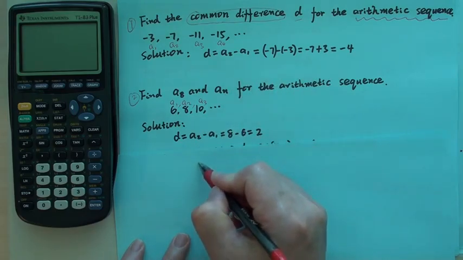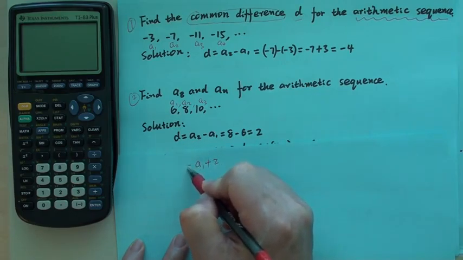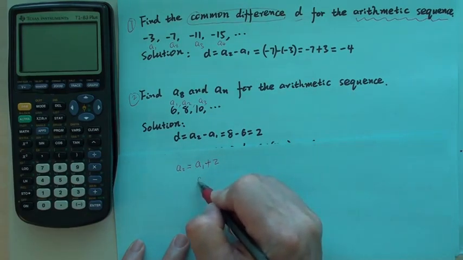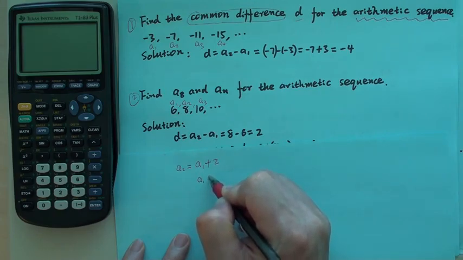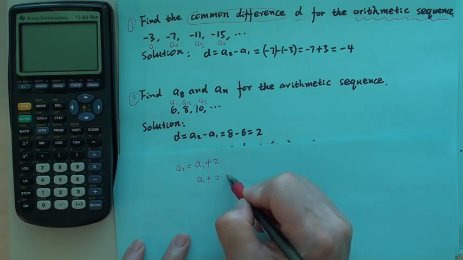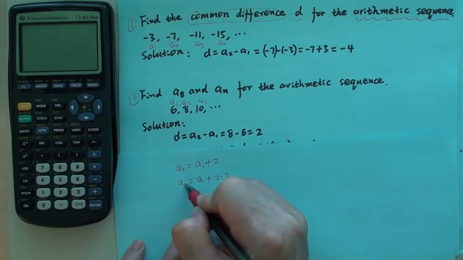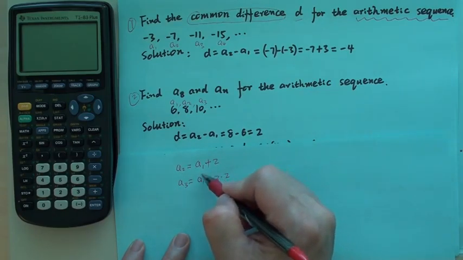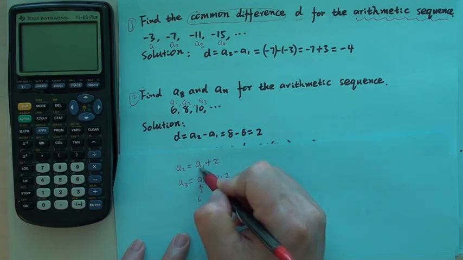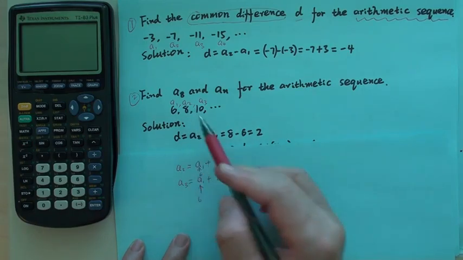You have the first term, and then you plus 2 and you get the second one. Then you plus another 2, so you double it, and you get the third one. You see here, this number is 6. You add one difference, you get the second one.